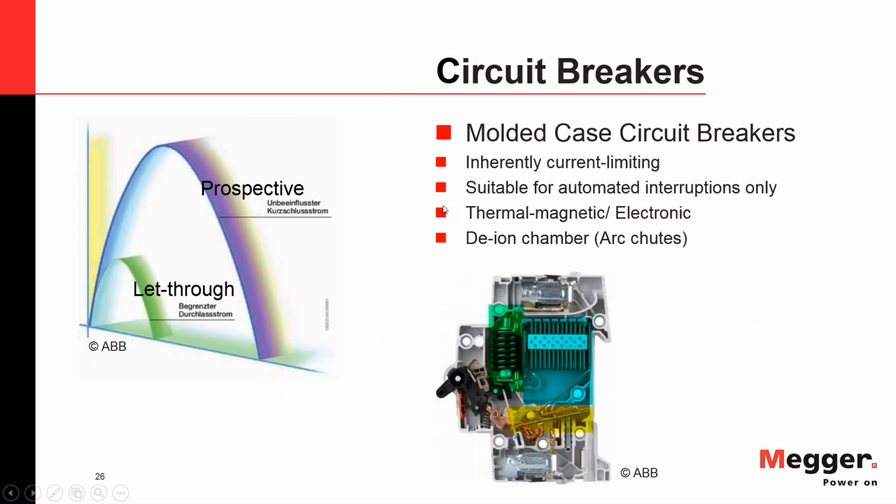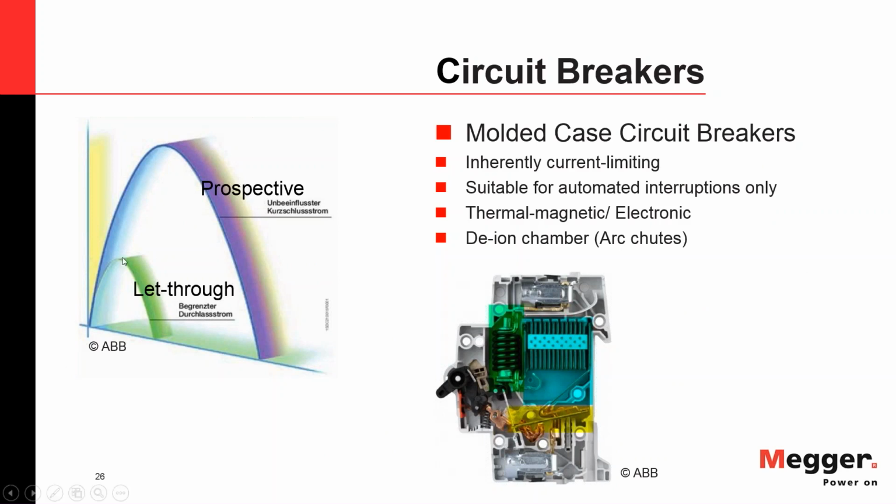Now, when I said inherently current limiting, this is what I'm talking about. If you think about a fault in a system that is not protected, you would expect a so-called prospective short circuit current, which is indicated by this big sine wave. Now, with the circuit breaker in the circuit and with the right settings, the circuit breaker will clear that fault.